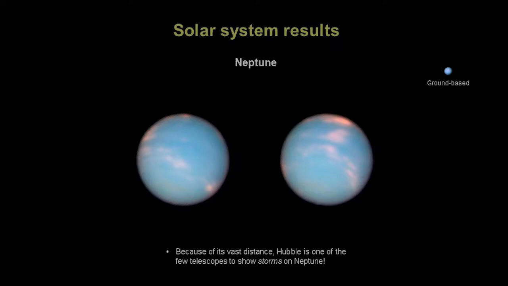So this allows us to learn about the weather on these very, very different planets from Earth. That gives us a much broader context with which to understand Earth's weather, Jupiter's weather, other planets' weather. We're getting a much broader view of how planets work by being able to study different types of planets at different locations in the solar system.